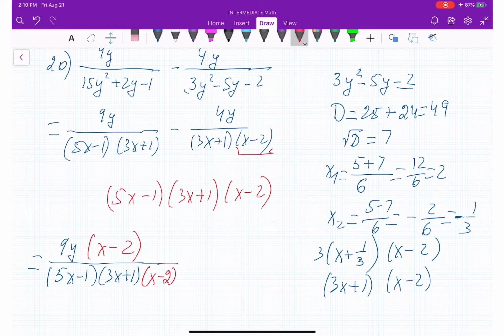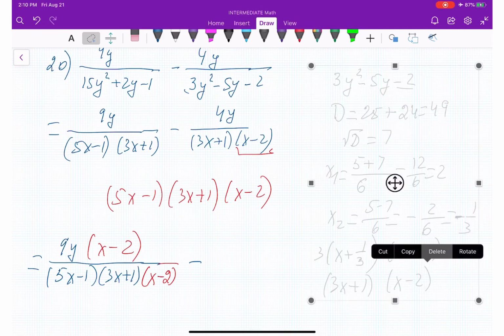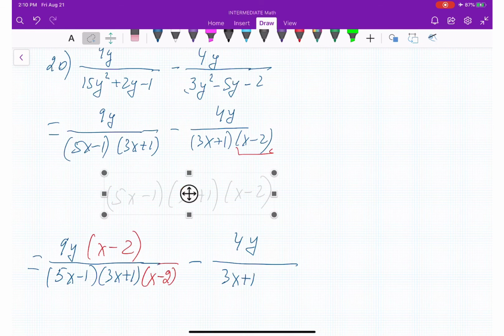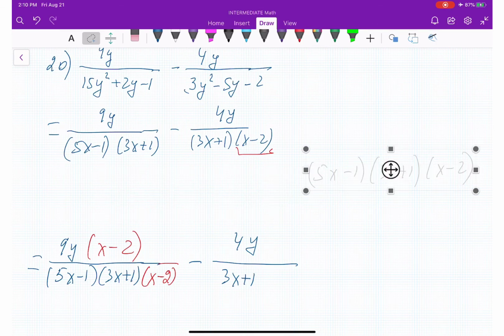So, minus. Let me release this space. I need it. For y, and I have 3x plus 1. Let me move this out because I have space there already.